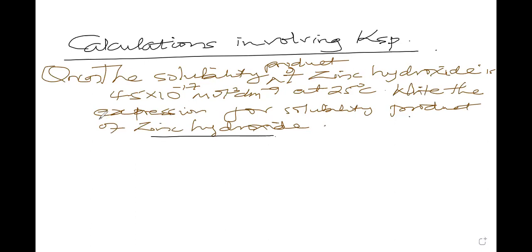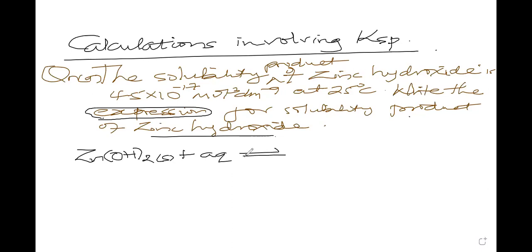Now, this question requires an expression, but most of you, the moment they ask you an expression, you end up writing an equation. So don't write an equation the moment they ask an expression. If you don't know the expression, go aside and do some side work, whereby you will know that zinc hydroxide being sparingly soluble, the equilibrium of it will have us get zinc 2 ions and then hydroxide ions.